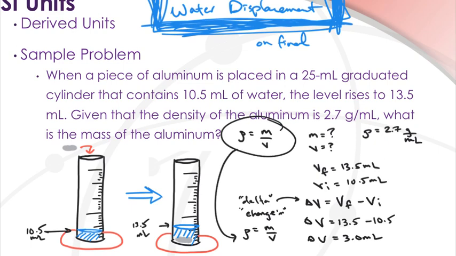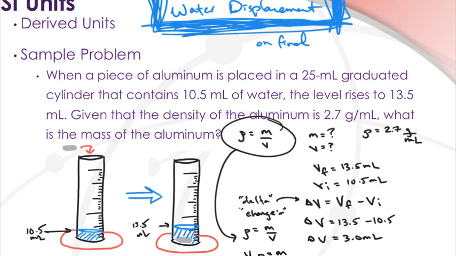To get M by itself, I'm going to bring V up to the other side, just using algebra 1. So we're going to have volume times density equals mass.